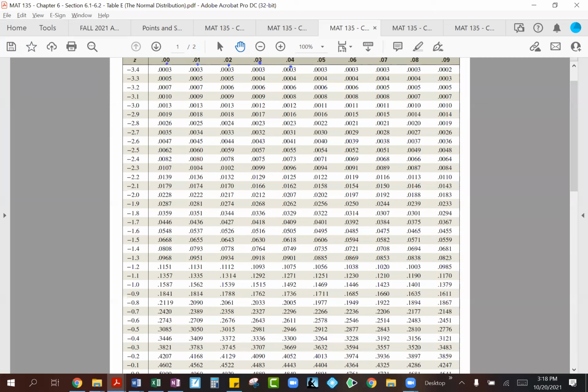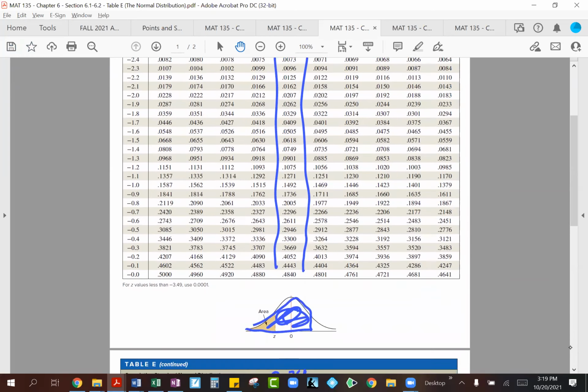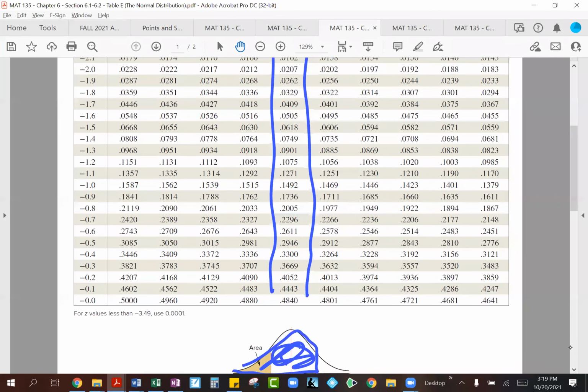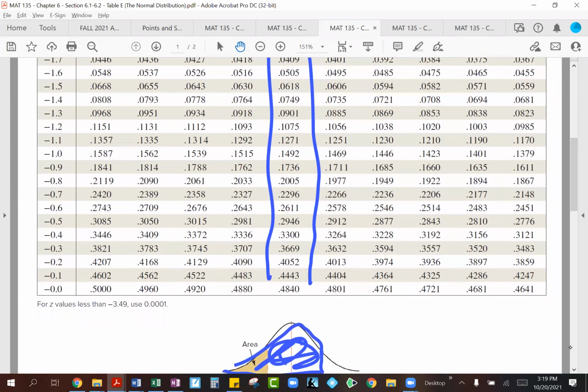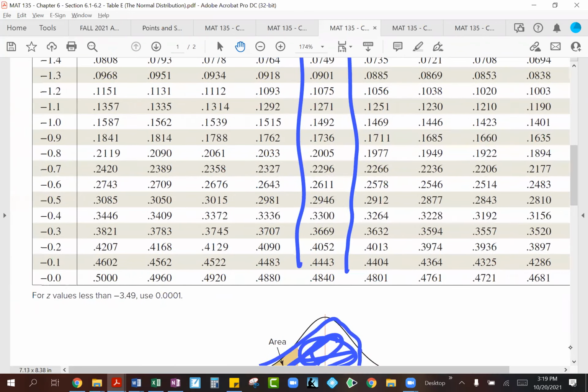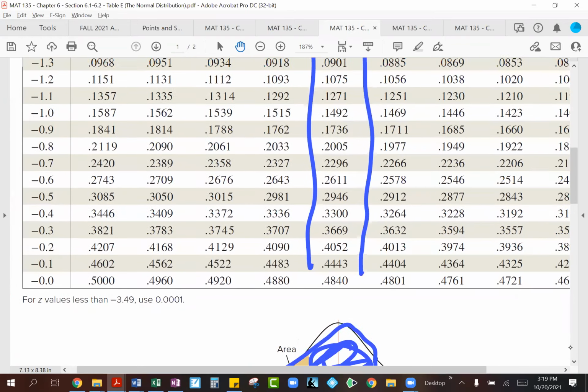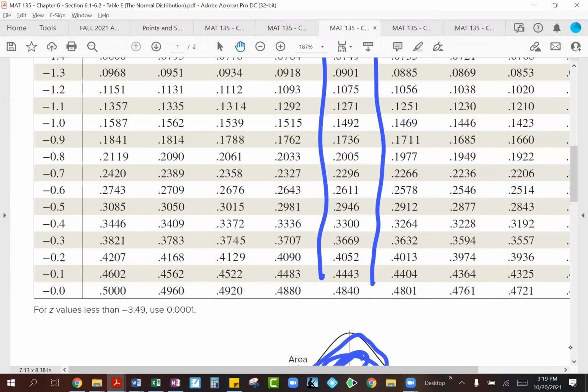So it's the 5th column, which will be for your 0.04. So that's the column we're looking at. And then you're looking at negative 0.64 as your z-score. Okay, hopefully that will give you enough to look at.